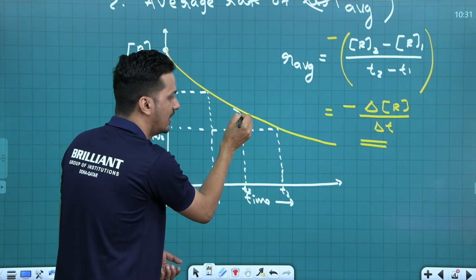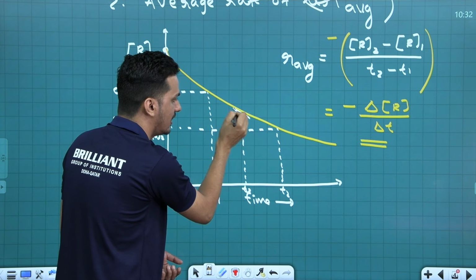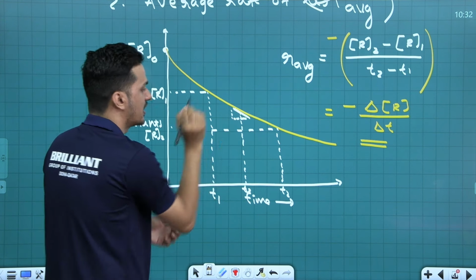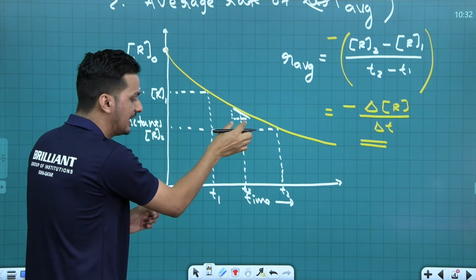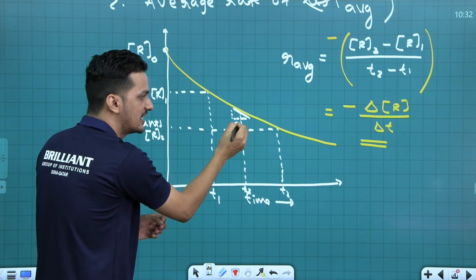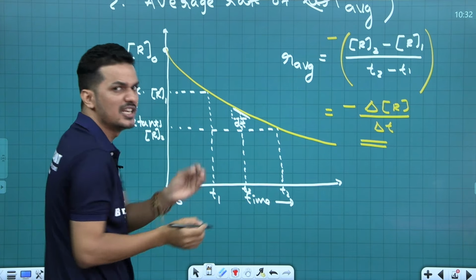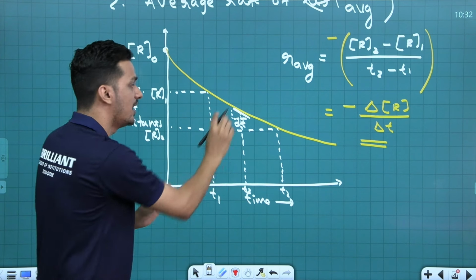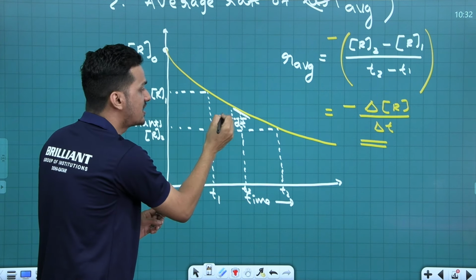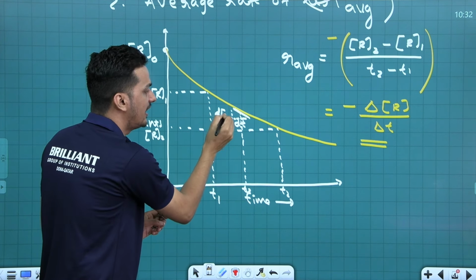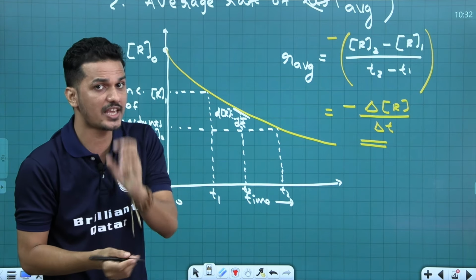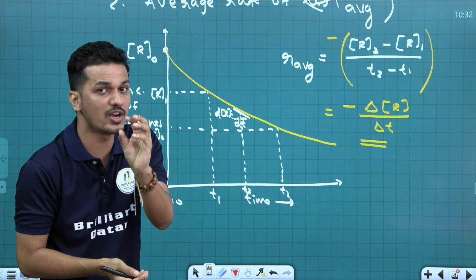I can draw a tangent here like this, a small tangent, and I can make a small triangle here. In the x-axis, the change is dt. dt means small change in time. And in the y-axis, the change is dr. dr means small change in concentration of reactant. dr means small change.